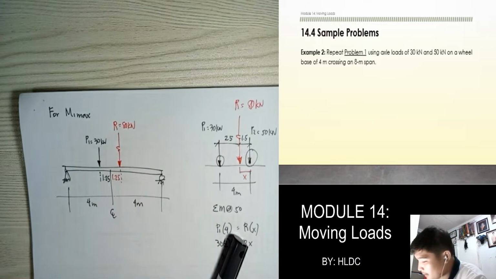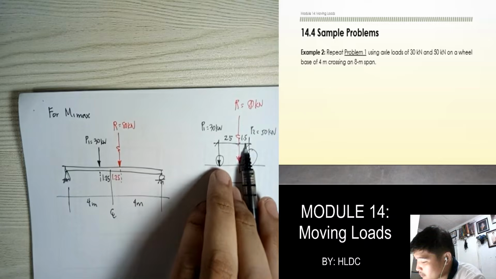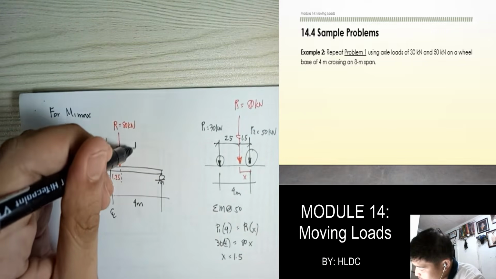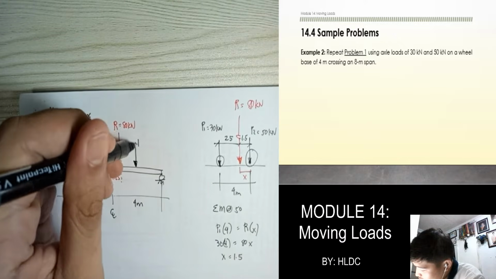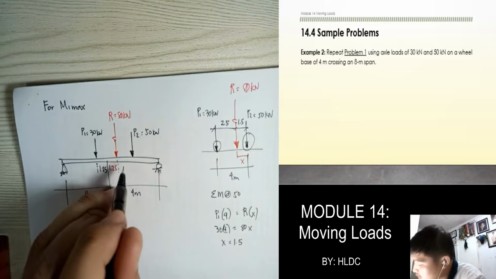And then after that, ipasok na natin yung isa pang load na P2. So, P2 is 1.5 to the left or to the right nung resultant. So, 1.5. Let's say, pa ganyan yan. So, P2 is 50 kilonewtons. So, distance nito is 1.5.